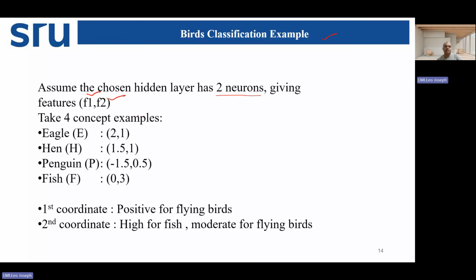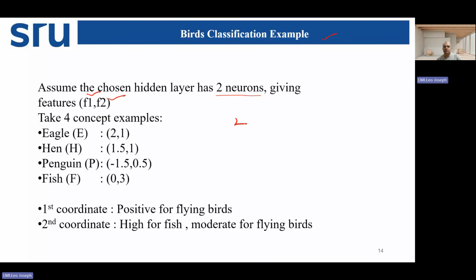Normally we would call them C1 and C2, but here I am assuming F1 and F2. The four concept examples I am taking are eagle, hen, penguin, and fish. These are the four categories. From this, I am going to classify which are birds and which are non-birds.